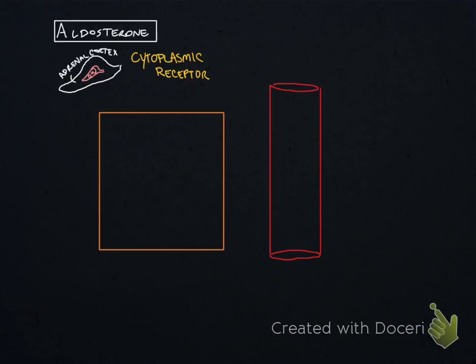You remember, steroid hormones are lipid soluble, so they have no problems getting in past the plasma membrane. So the receptors can be found within the cell. Okay, so this cell right here, let's say it is either collecting duct, because these hormones act on the collecting duct or the distal convoluted tubule.